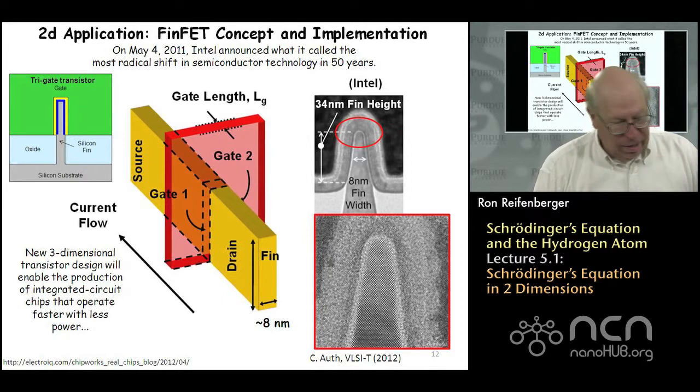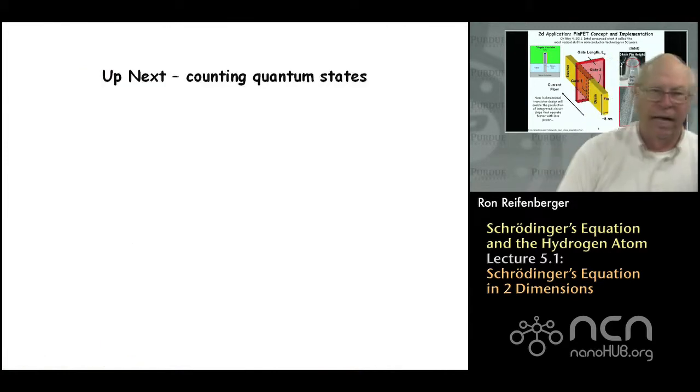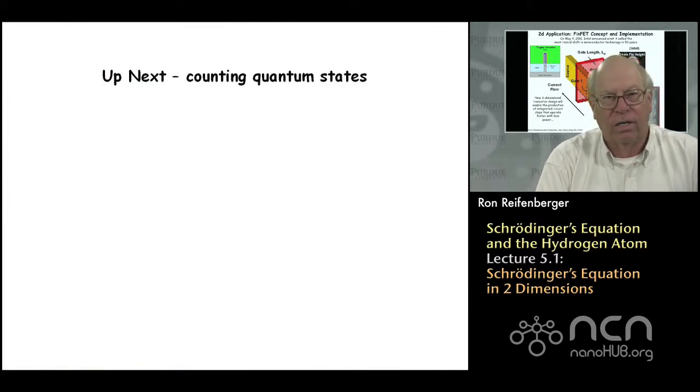I'm running a little bit over, so I have to wrap this lecture up. In the next lecture we're going to focus on counting the quantum states in this two-dimensional potential well.